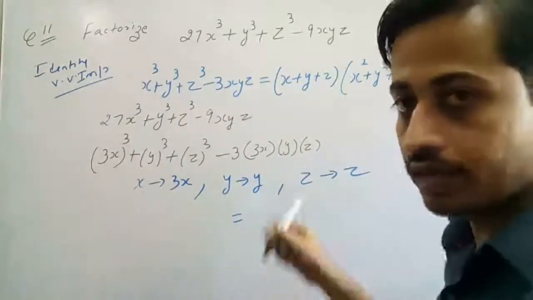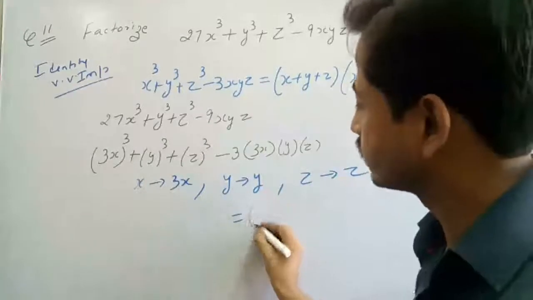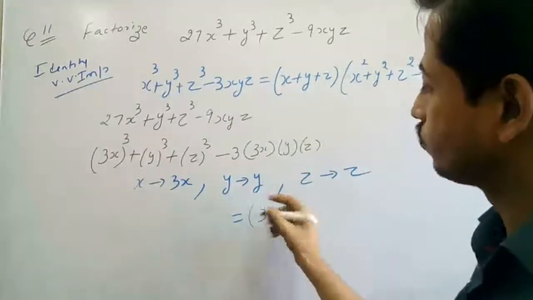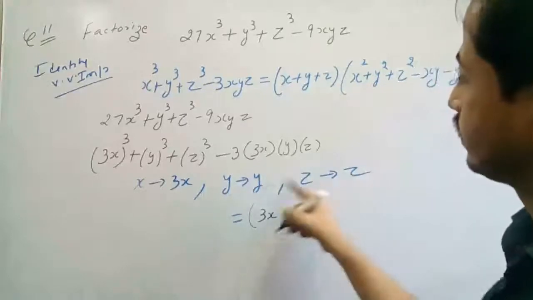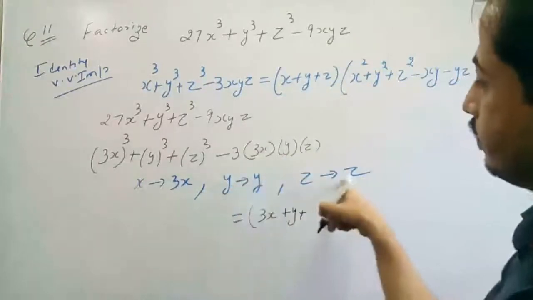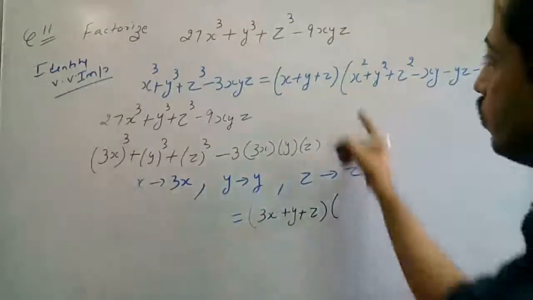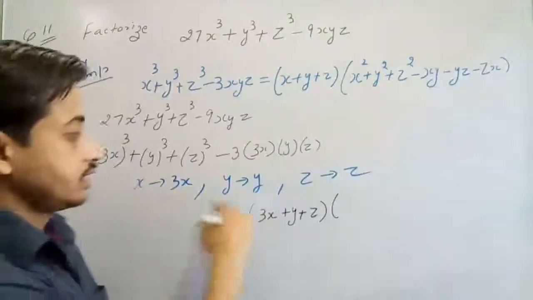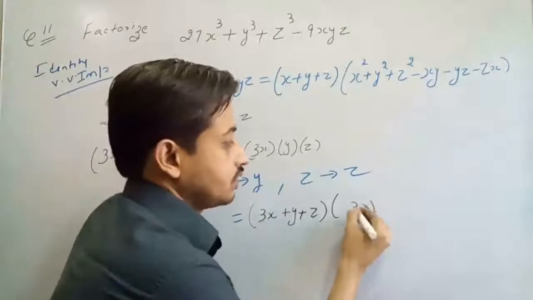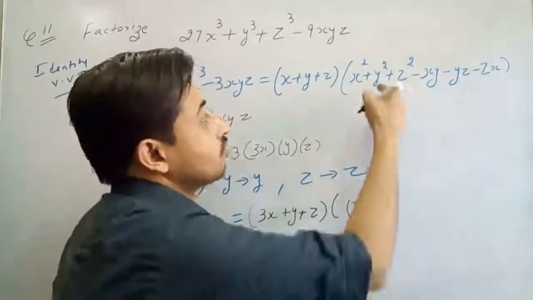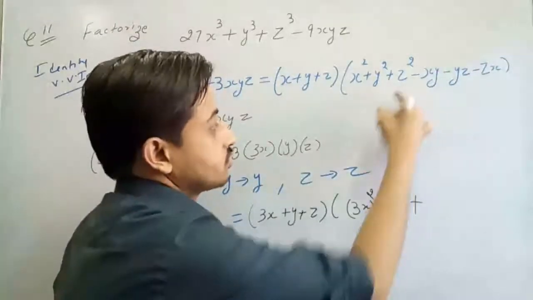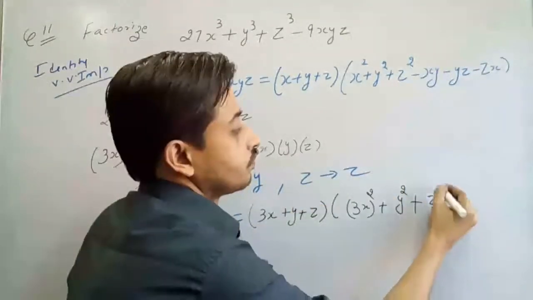Now write according to this result. x is 3x plus y is y plus z is z. Now x square, x is 3x, whole square, plus y square, y is y, plus z square, z is z.